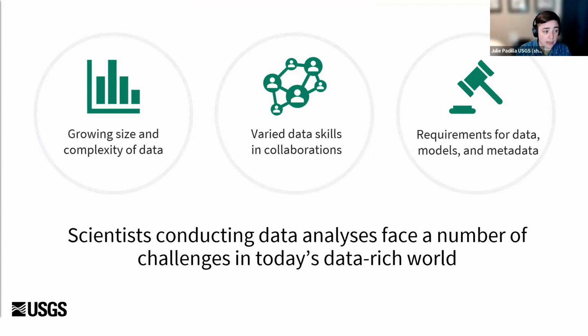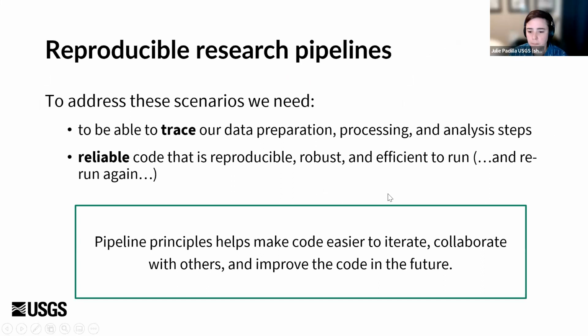So where somebody may not have the strongest coding skills, but they have 30 years of research experience in the domain that you're working in. And it allows us to verify that we've met requirements for data models and metadata. And this is something that's important to folks who work at USGS. So these are some of the challenges that we use pipelines to resolve. And those are some of the motivations that we have for doing these tasks.